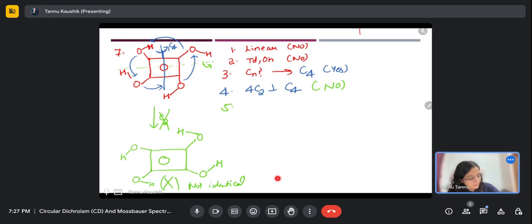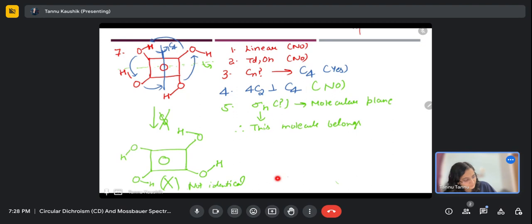Then do we have sigma h, a horizontal plane, in the molecule? So yes, we have a horizontal plane in the molecule, which is this molecular plane. Therefore, this molecule belongs to C4H point group.